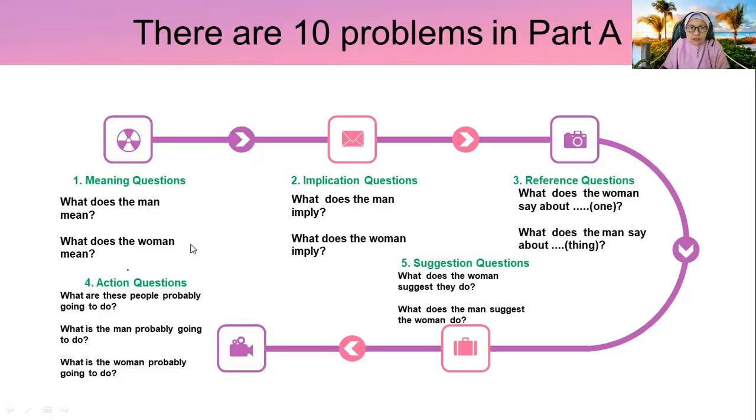So you have to know the choices. You have to read the choices on the TOEFL listening task. You will find two questions based on the meaning questions. So you will listen to the question for both.